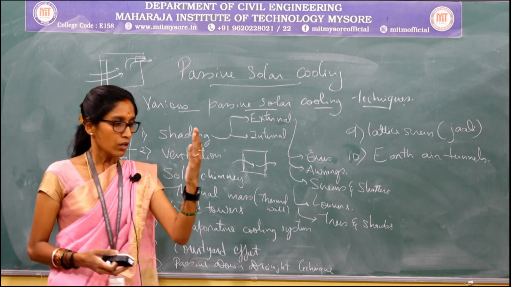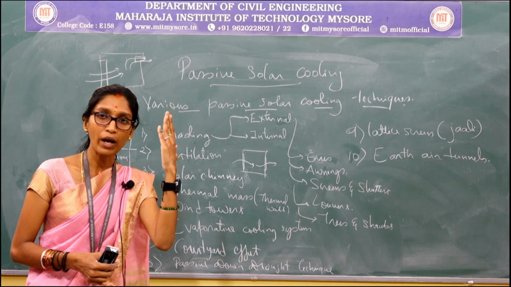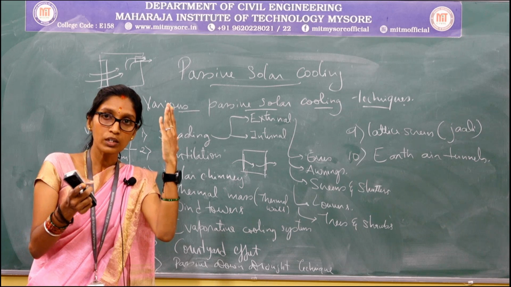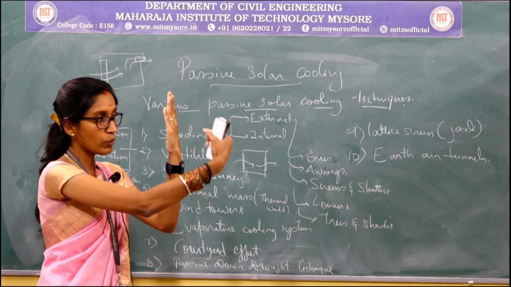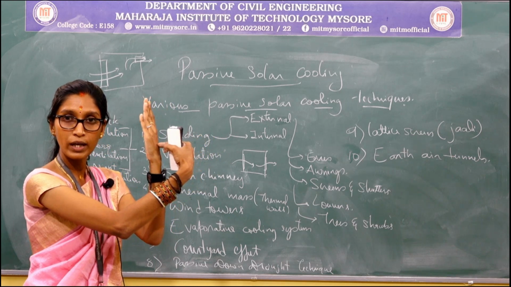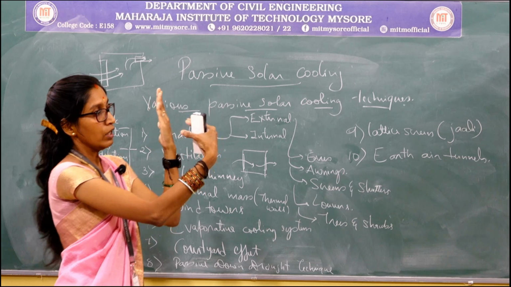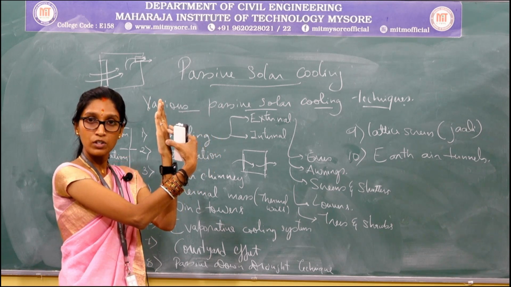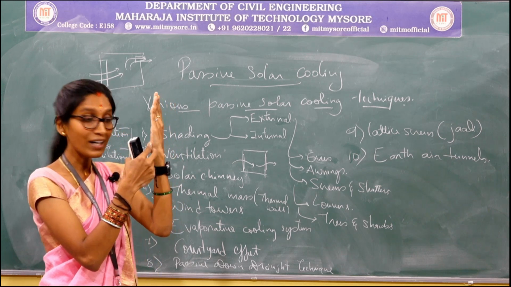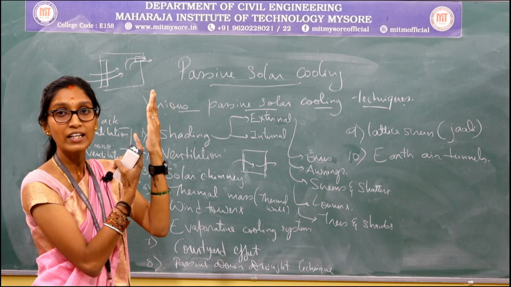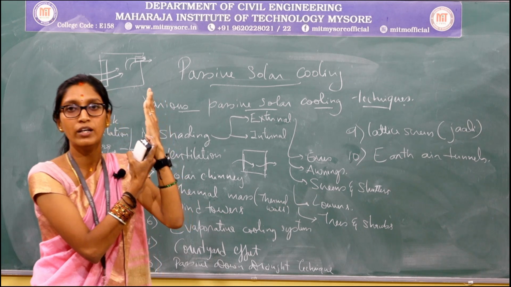So see, if a wall is present, you know the phenomena on which the thermal walls are going to work. Once heat falls over a thermal mass, the heat is absorbed by your thermal mass, it is stored and it is directed into the interior walls through conduction.